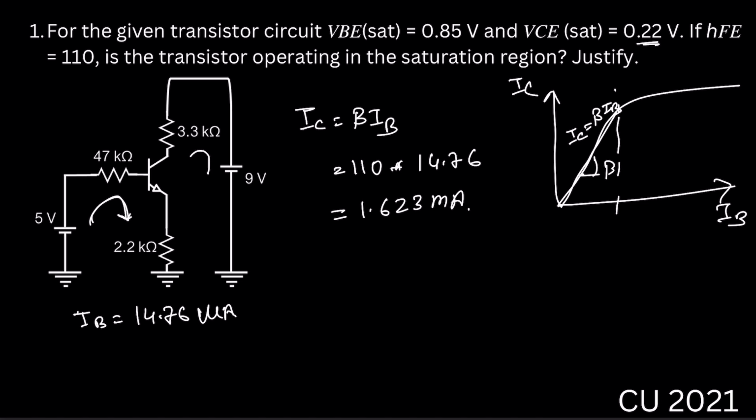Now apply KVL in the output loop. We can write down 9 equals IC into 3.3K, that means RC, plus VCE plus IE into 2.2 kilo ohm.